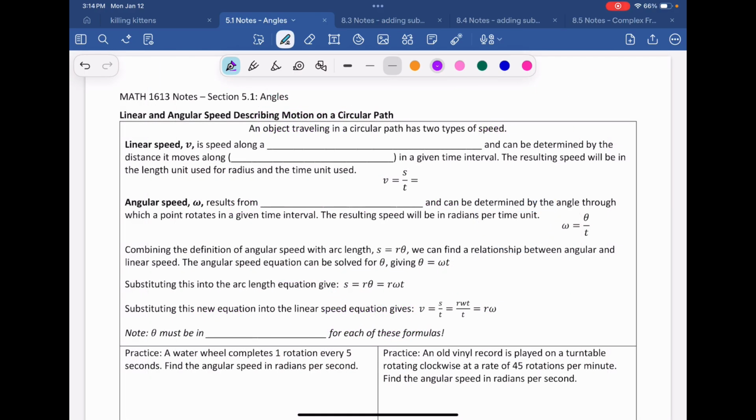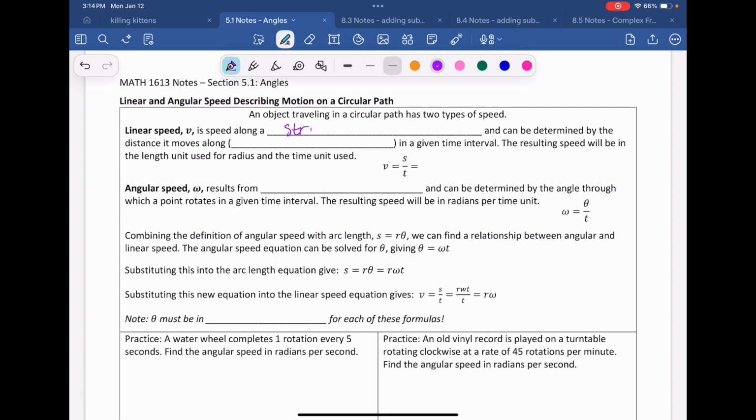All right, so linear and angular speed. Linear speed, v, velocity, is speed along a straight path, and can be determined by the distance it moves along, the displacement, in a given time interval.